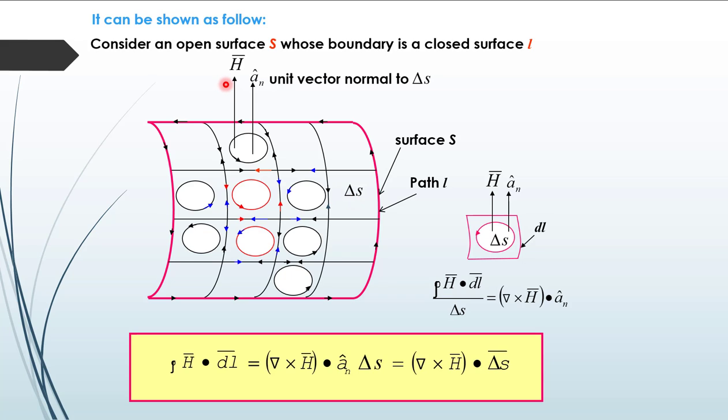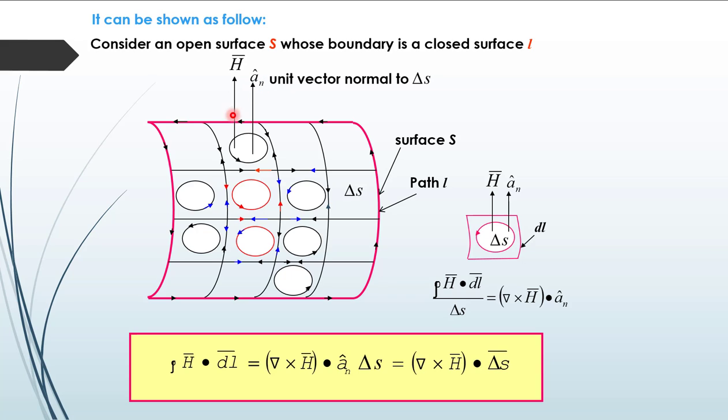Now we circulate H through this entire path, and also we circulate H through these simple small areas. Let a_n cap be the unit vector normal to the delta S surface. So a_n cap indicates the direction of this surface, and it is normal to the surface.